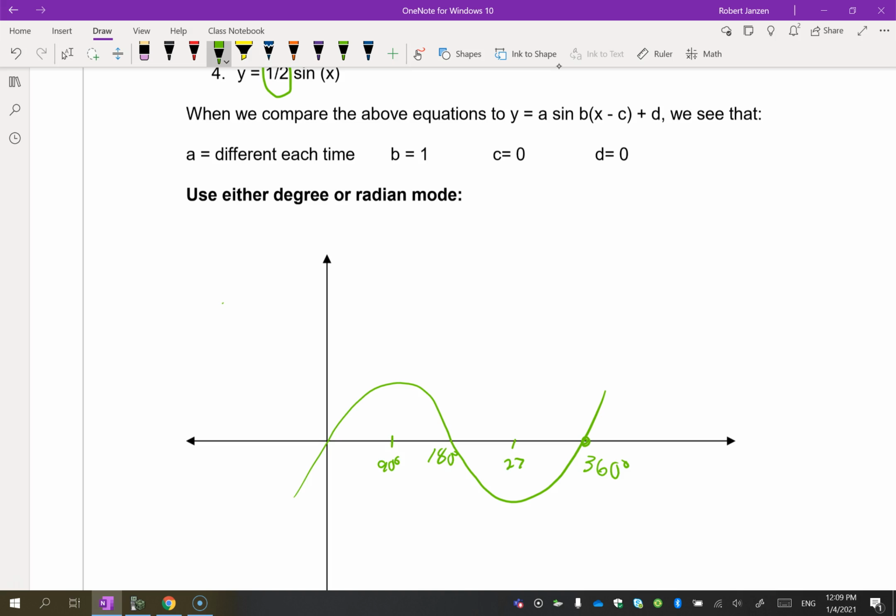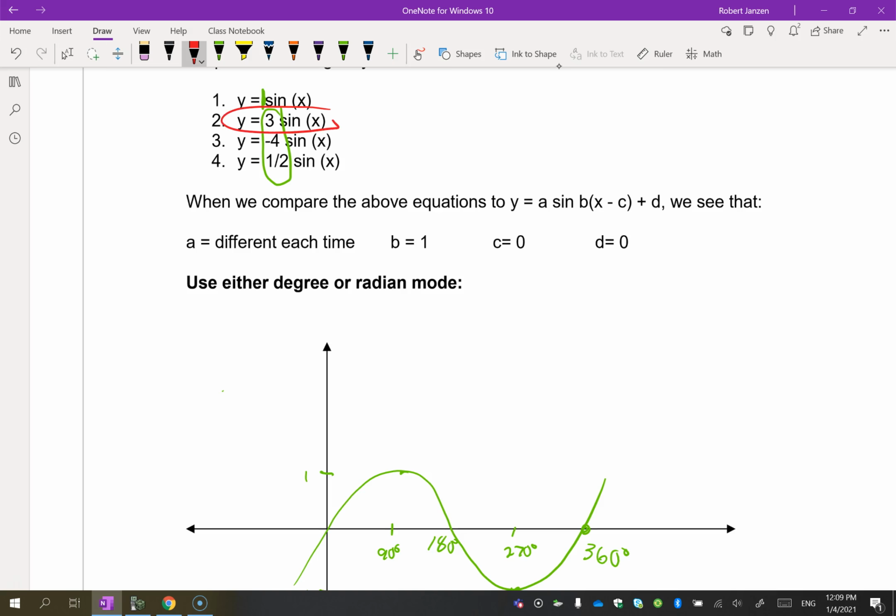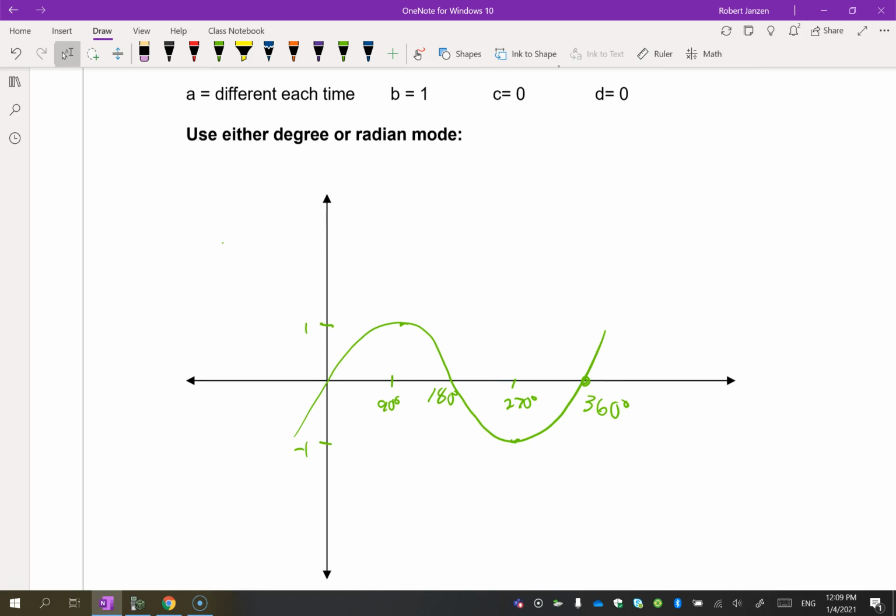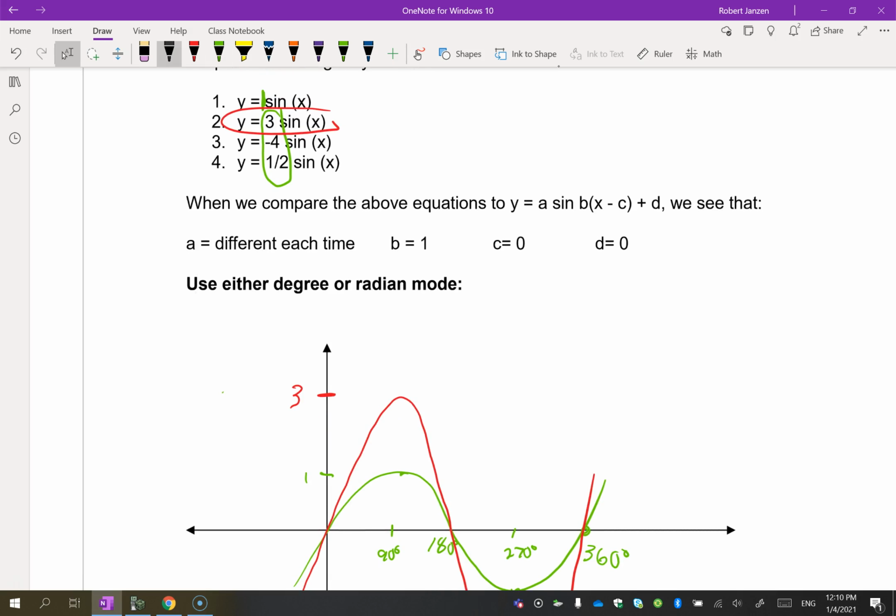If you look at the second graph, how is it different? Looking at the graph, it's going to look very similar, except that the amplitude will be greater. This is going to go up to 3 and down to negative 3. And then the next one is negative 4.